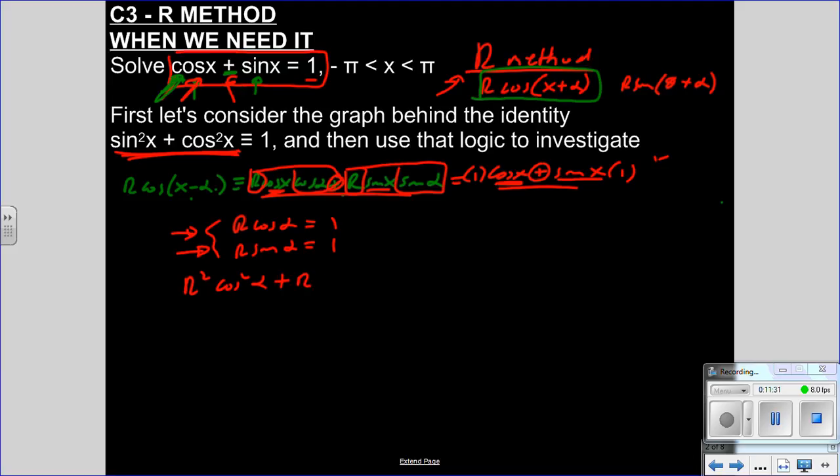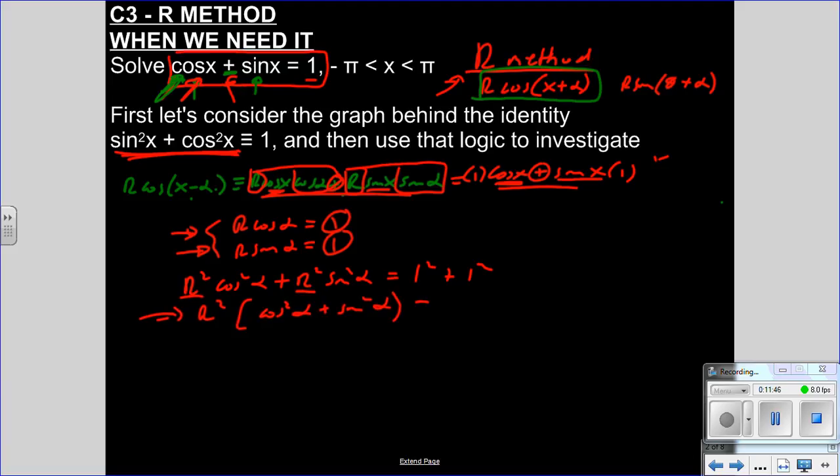Plus this thing squared, R squared sine squared alpha, must equal this thing squared plus this thing squared. So I'm saying R squared, if I take a factor out here and here, cos squared alpha plus sine squared alpha, is 1 squared plus 1 squared, which is 2.